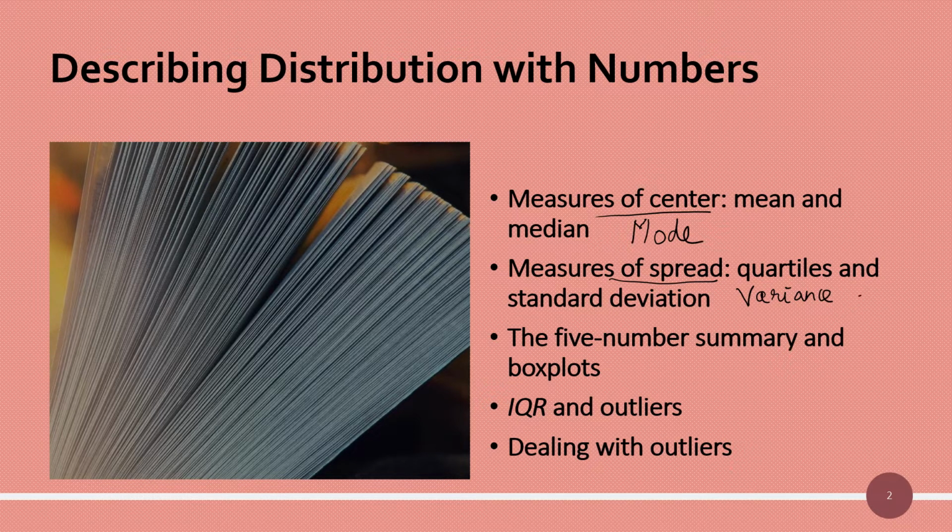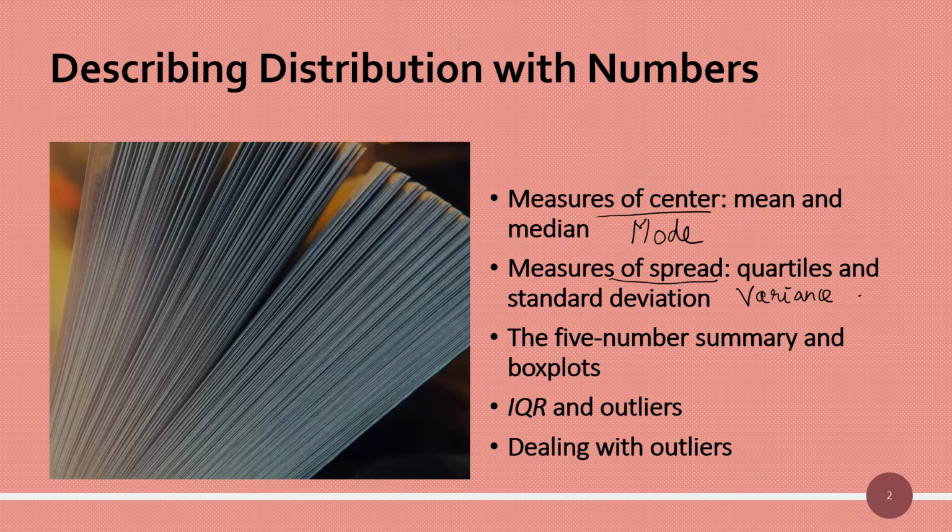We can talk about the 5-number summary, and using the 5-number summary, we can construct a diagram called a box plot. Another measurement is the IQR, which is the interquartile range, and using the IQR, we can identify the outliers.